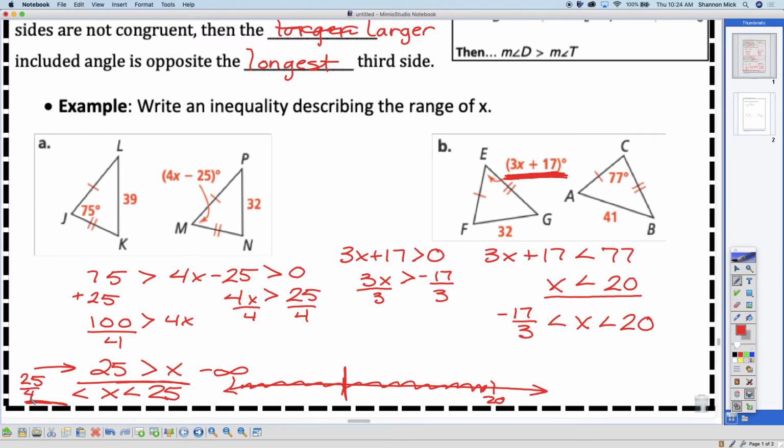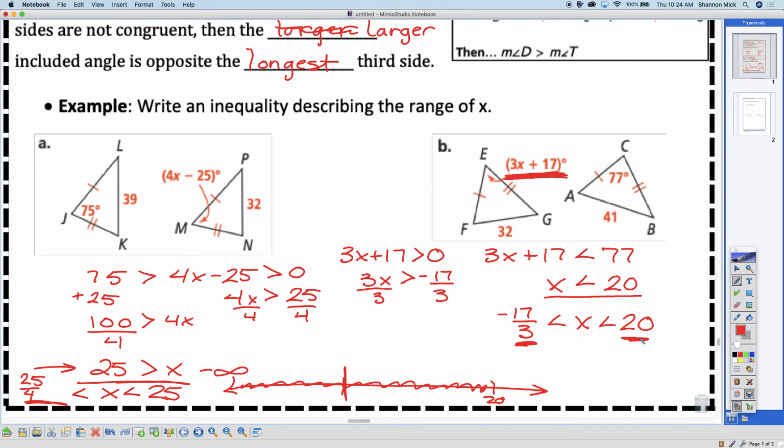And 25 fourths is a little bit bigger than 5, correct? So we are going to do this when x is less than and there's no stopping point on the angles. And when your assignment will say what is the range, and it will have a spot for this answer, that's when you have to do it.